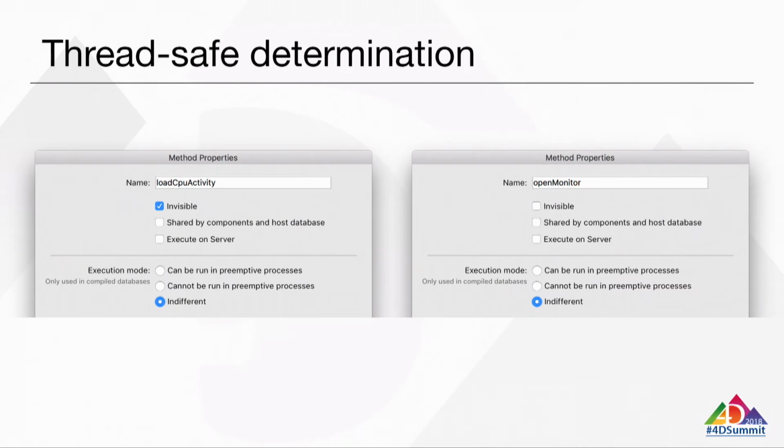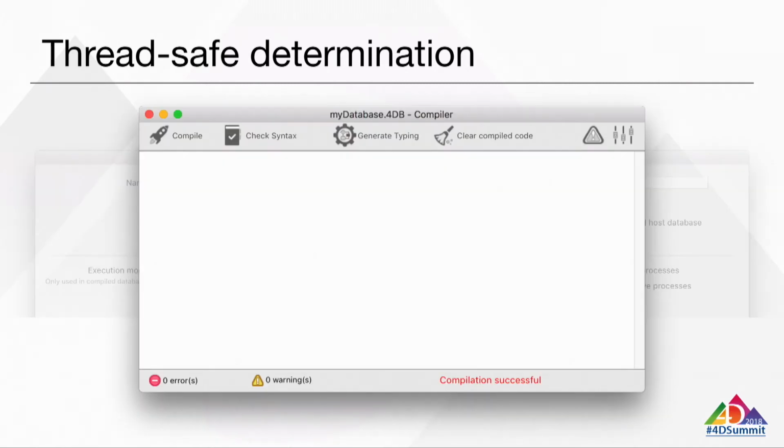At the moment, in 4D, we have the option set to indifferent, meaning that 4D doesn't really care whether this method is safe or unsafe during the compilation. It's not going to complain. So if you run the compiler with this specific option enabled, the compiler will just say, you are clear, go ahead.